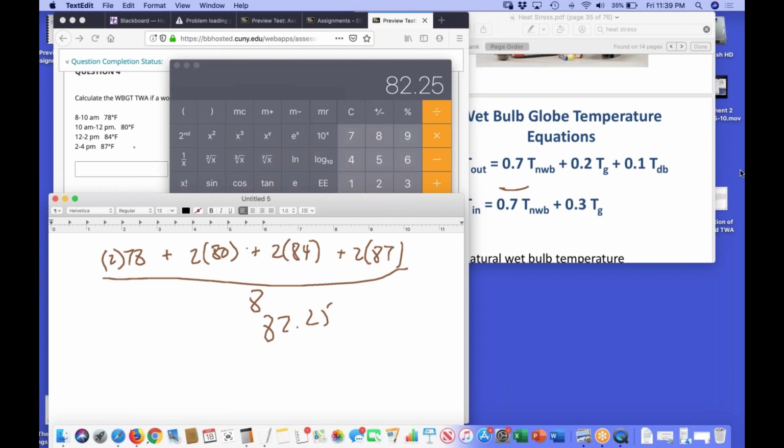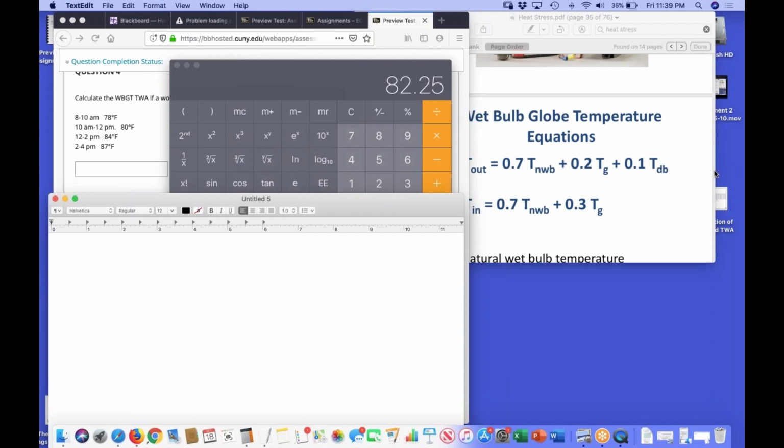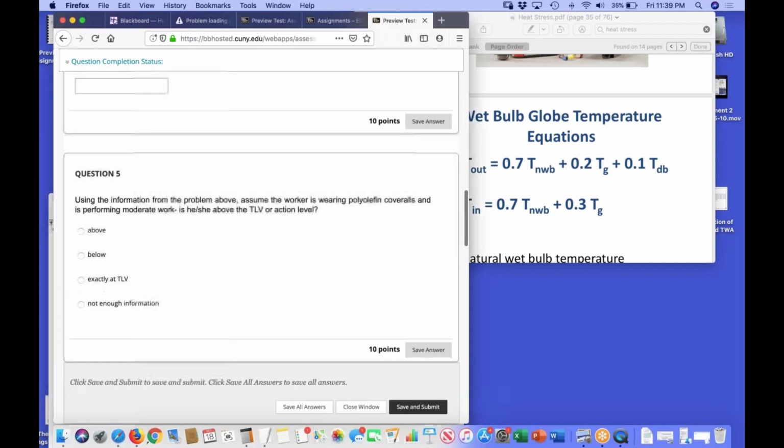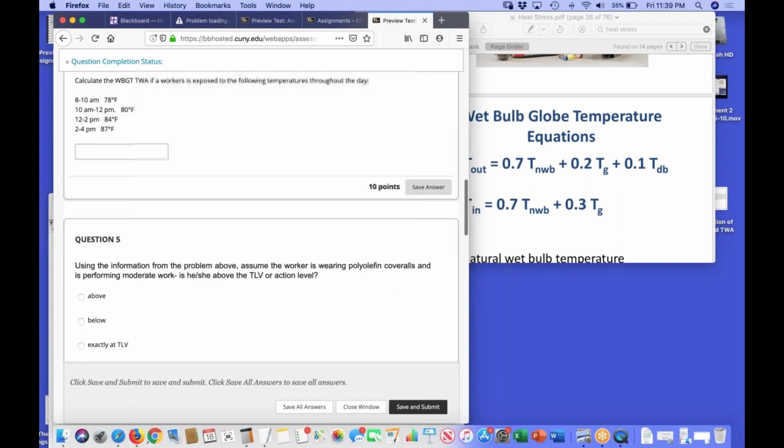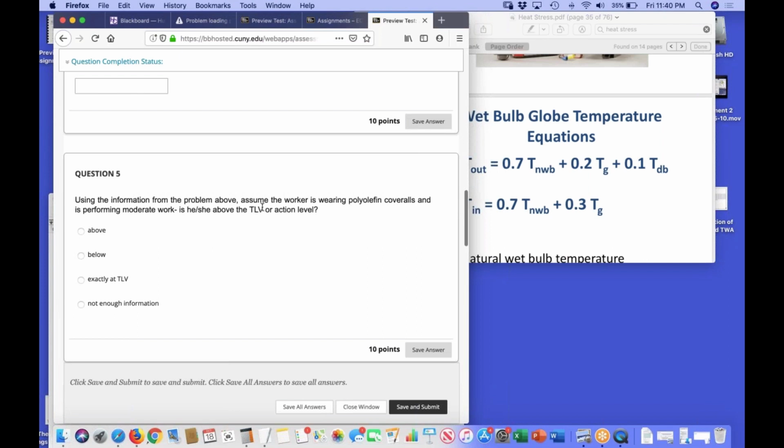Let me go back to the pointer, so I can get back to our page. Okay, and next we have the question, which is using the information provided above, assume the worker is wearing polyolefin coveralls and is performing moderate work.